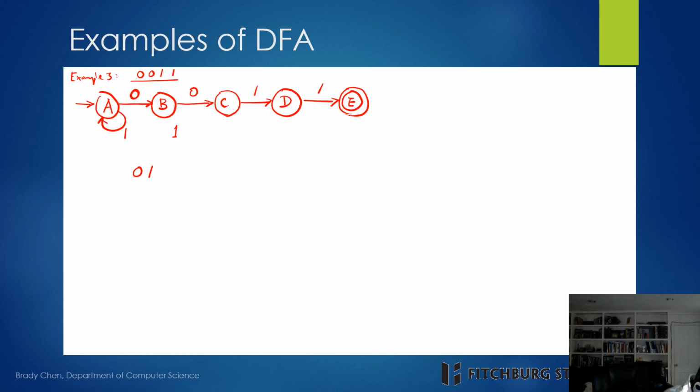We want a string which contains 0, 0, 1, 1, but this one got a 0, and the next one is 1. So no matter what the next character is, 0 or 1, we're not going to be able to build a 0, 0, 1, 1. So in that case, what are we going to do? If we get a 1 at B, we're going to move back to A, right?